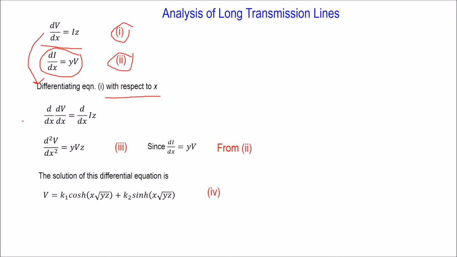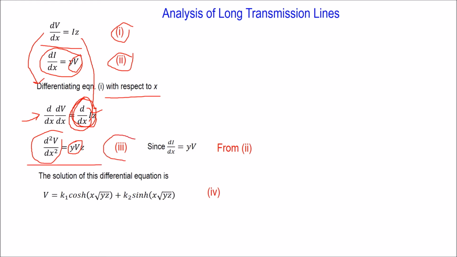The double derivative, d²V/dx² equal to d/dx of Iz, right? From equation 2 we can get dI/dx equal to yV. So ultimately we get d²V/dx² is equal to yzV, right? This is equation number 3.